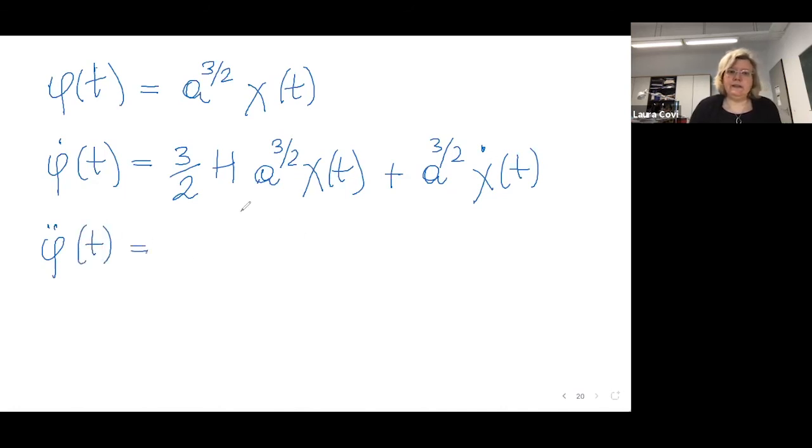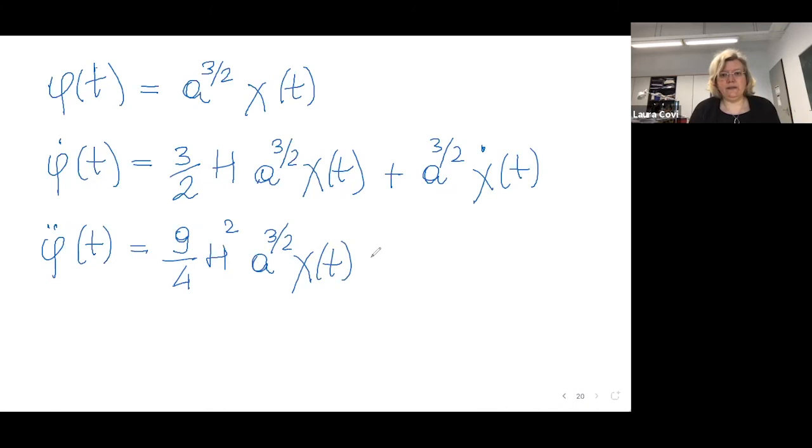And then again, if you take the second derivative, you get a second derivative of the scale factor, which gives you this part, in practice H squared, and you have also the derivative of the scale factor itself, so 3/2 H dot.